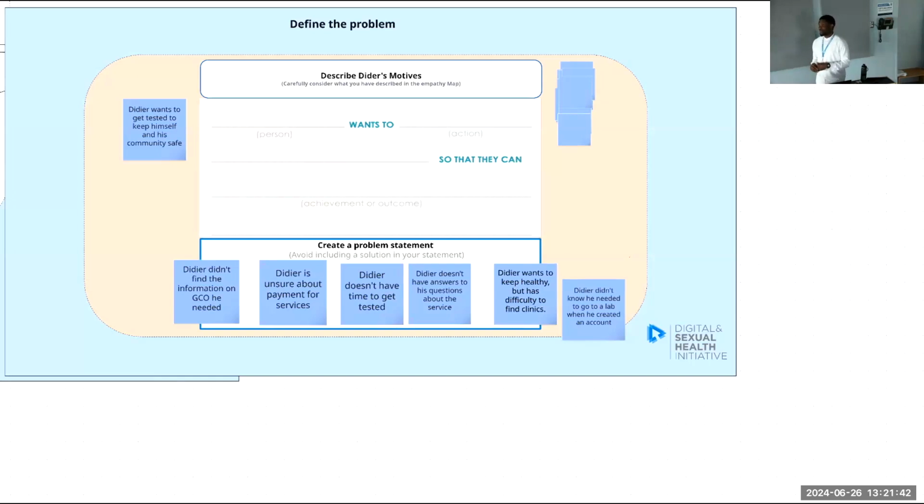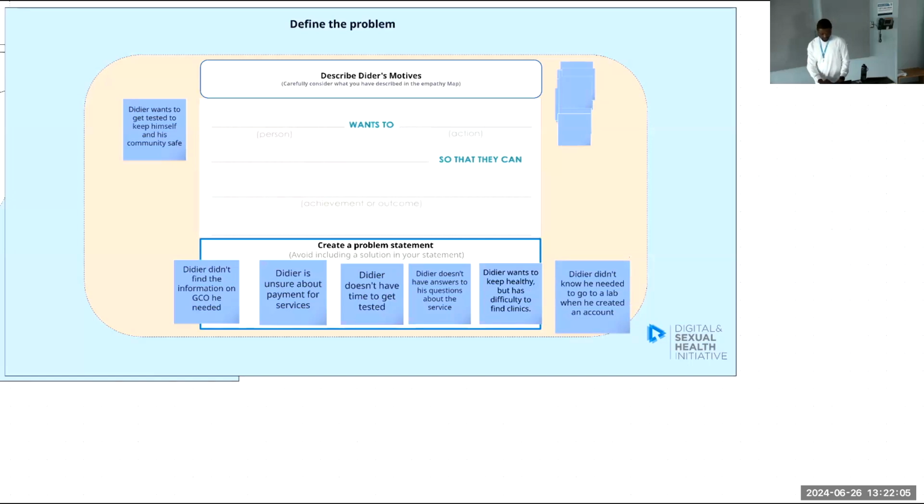So I don't expect the most fantastic problem statement, but just wanted to hear your ideas about what the core problem is with DDA's experience so far.